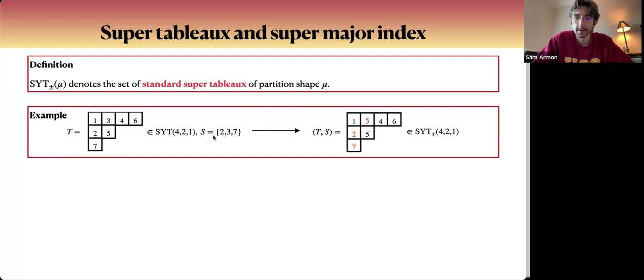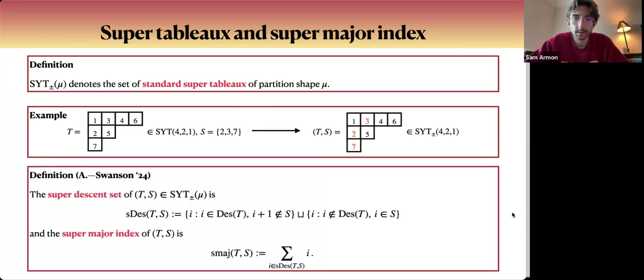So this is essentially the data of a standard tableau and a subset of the numbers 1 through n. I can also write it in this nice compact form by denoting the entries in S with red overlines. Okay, so that's a standard super tableau.